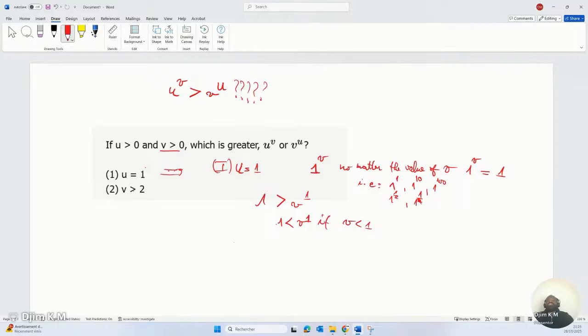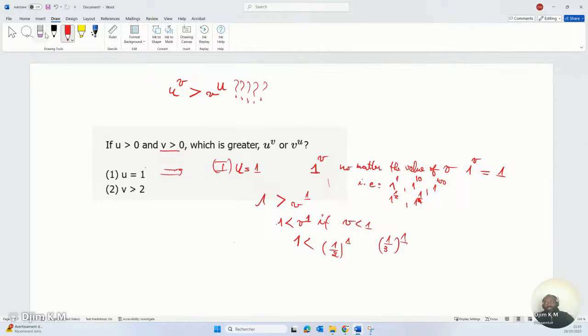Let's say, for example, v is equal to 1.5. So we will have 1.5 to the power 1, which will still give us 1.5. If we have 1 over 3 to the power 1, it will still give us 1 over 3.